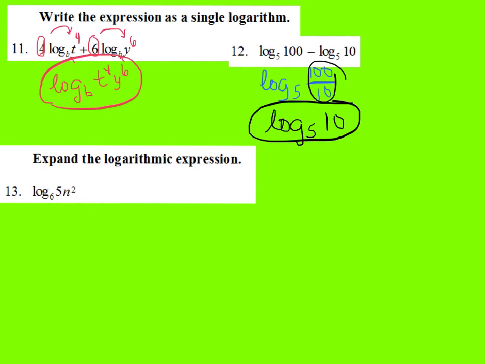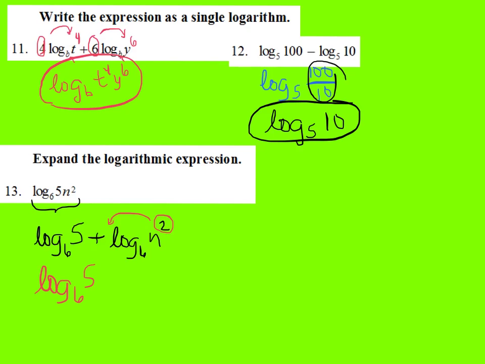I'm going to break it into log base 6 of 5, and addition, because that was multiplication, log base 6 of n squared. Now the last thing I have to do is take this little n squared here and move it down. So I get log base 6 of 5 plus 2 log base 6 of n.